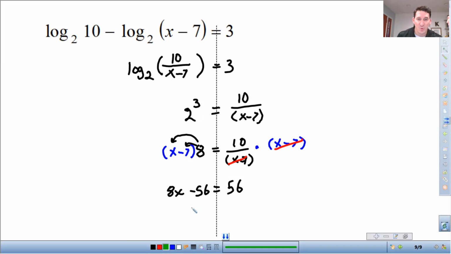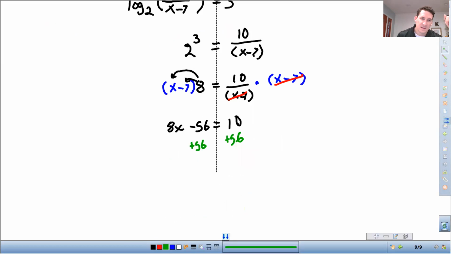Then I'm going to add 50. Okay, hold on. Going back. This is 10. I'm going to add 56 to both sides. So this cancels out. I get 8x is equal to 66. And the last step, divide both sides by 8.